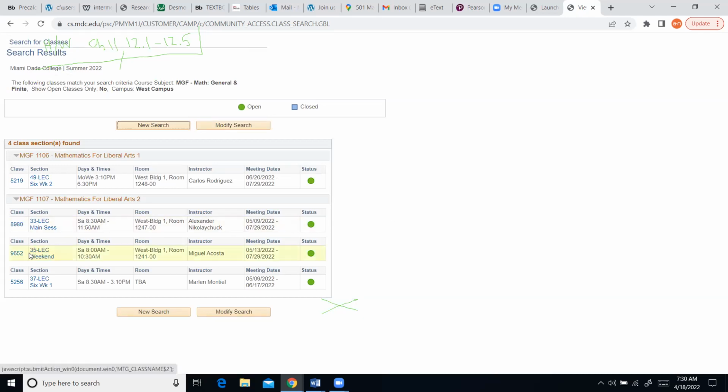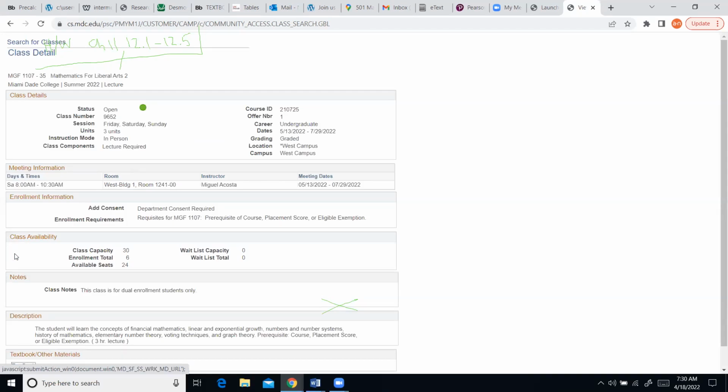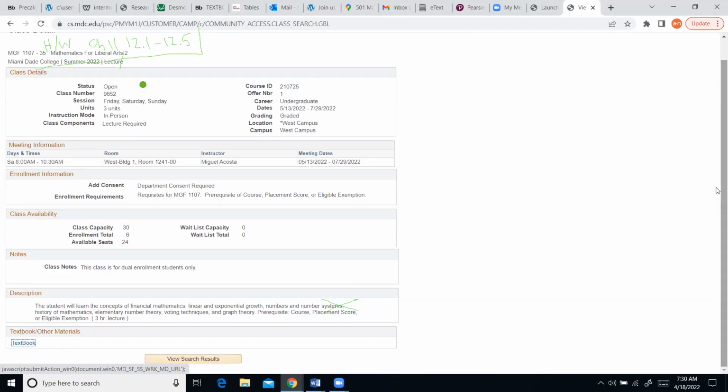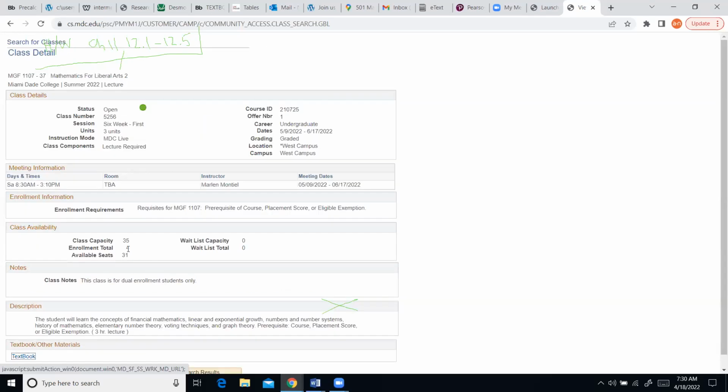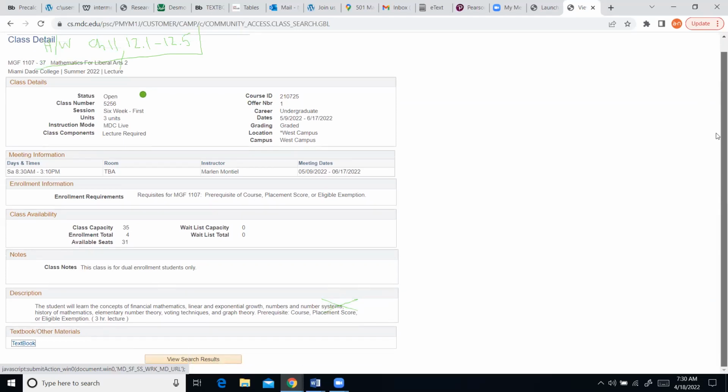I have no idea why they opened 3 classes on Saturday. I think there was some kind of mistake, and I can see the other one also has 6 people. And then the third one has 4. Well, that one is probably going to be canceled for sure, but it's still disappointing.